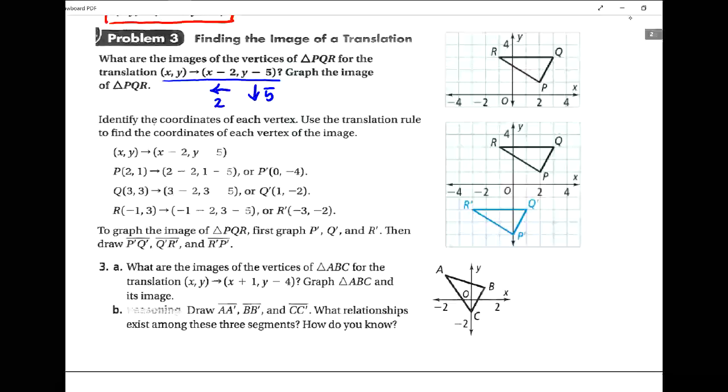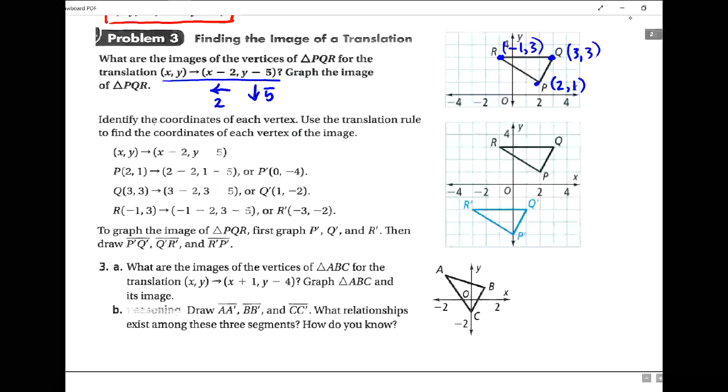So first thing we're going to do is find our coordinate points. So P is over 2, up 1. Q is over 3, up 3, and R is over negative 1, up 3.